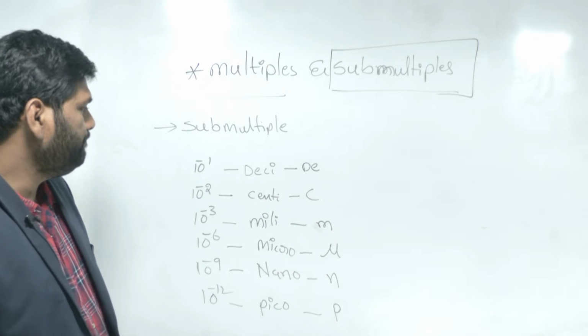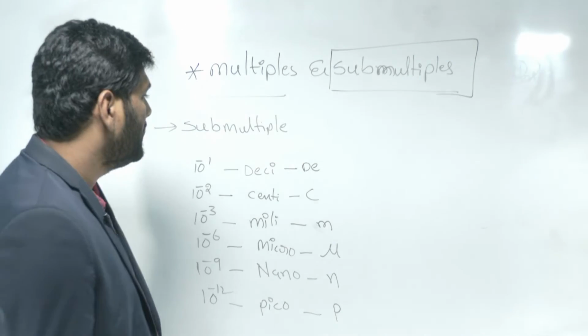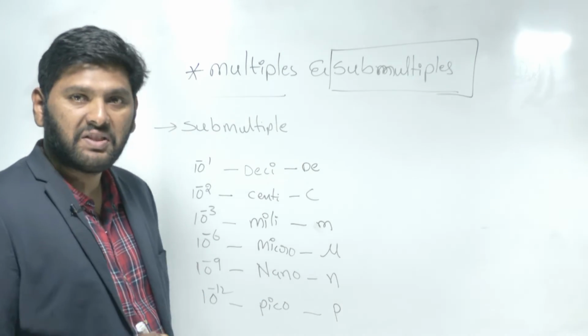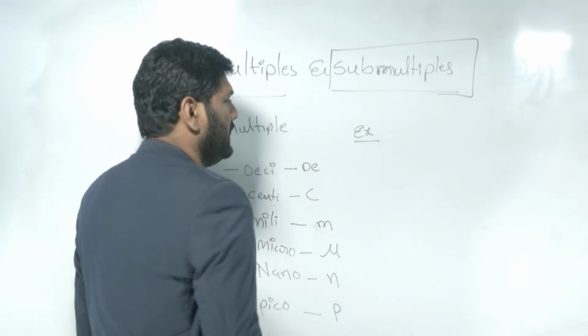But where do we use these symbols in our daily life? I'll explain with an example. Example of submultiples.